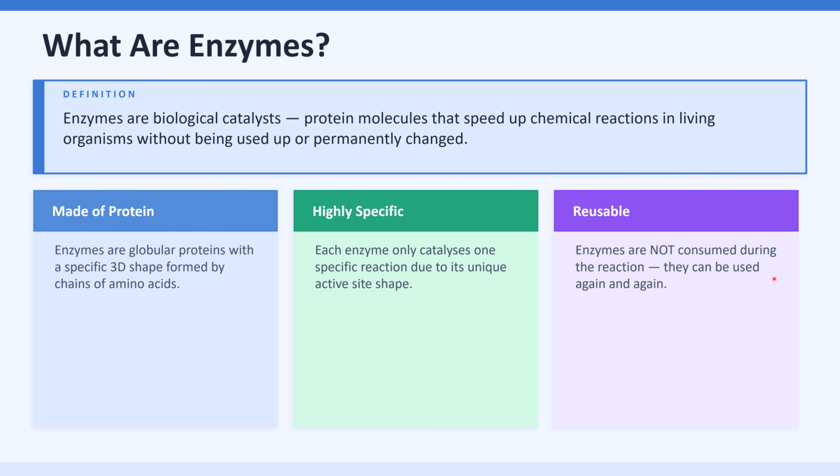Enzymes are not consumed during the reaction. They can be used again and again. Once an enzyme finishes one job, it releases the product and moves straight to the next substrate. You don't need millions of enzymes, you just need a few that work really, really fast.